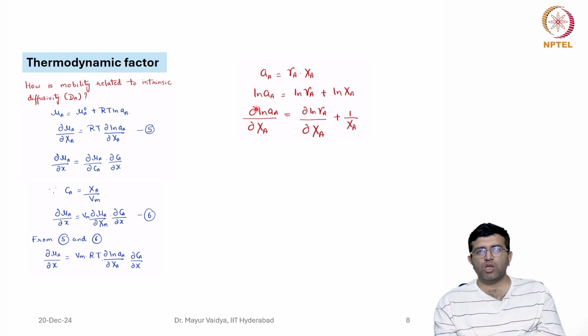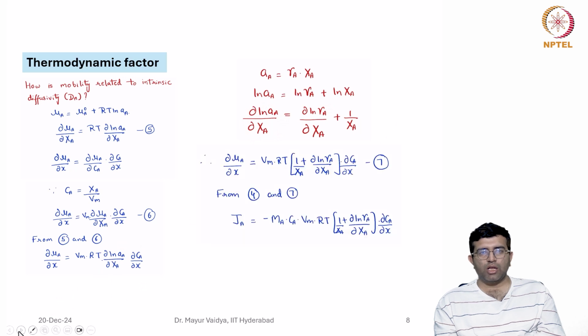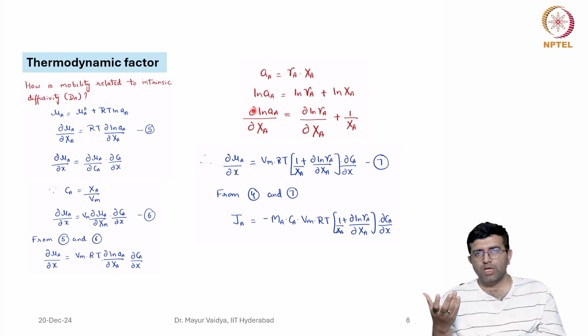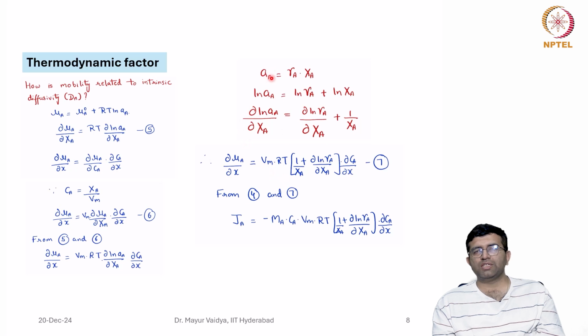So, I can substitute this expression here, and what I get is dou mu A by dou x is equal to Vm into RT into 1 by Xa plus dou ln gamma A by dou Xa into dou Ca by dou x. This activity coefficient can have the value 1, greater than 1, or less than 1, depending upon the type of the solid solution. It is equal to 1 if it is an ideal solid solution, in which case aA is equal to Xa.